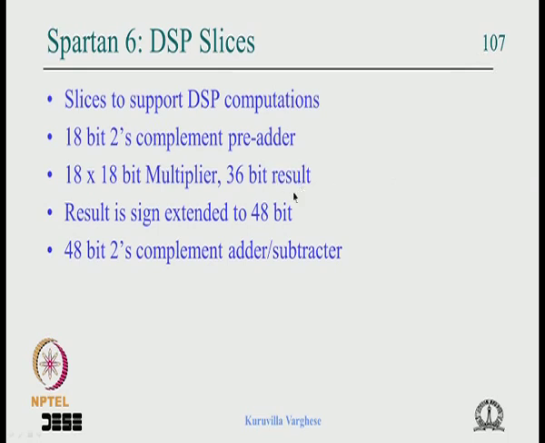So all kinds of options are available in the DSP slice, which really enables one to implement DSP functions like filtering algorithms, the encoders, decoders and so on. All that can be implemented very efficiently in the DSP slices, and many times you just use the multiplier operator, and if the data size matches then it gets implemented in the DSP slices, or it can be instantiated and you can use it.